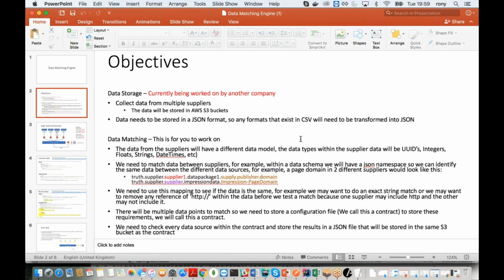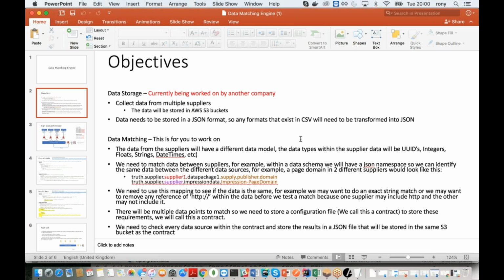The data from suppliers will have a different data model, and the data within the supplier data will be UUIDs, integers, floats, whatever. Imagine some kind of JSON with this kind of information. They say we need to match data between suppliers. For example, within a data schema we'll have a JSON namespace so we can identify the same data between the different data sources. For example, a page domain in two different suppliers would look like this.